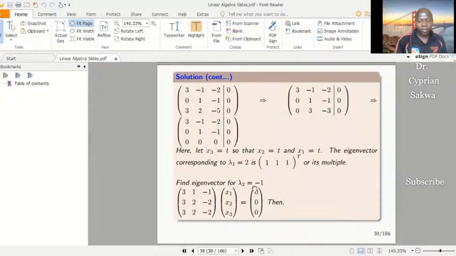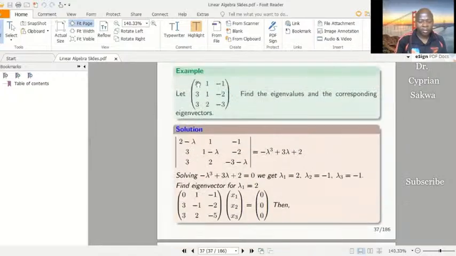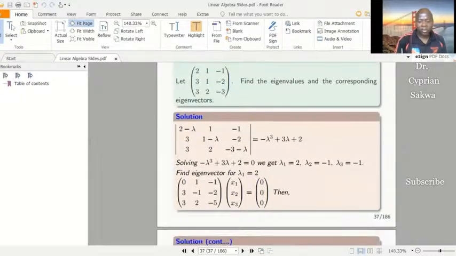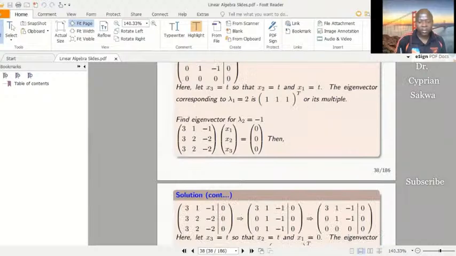Now for lambda 2 and lambda 3, from the leading diagonal, it's the same as adding 1, so we subtract negative 1 from the diagonal, giving this matrix here. Multiply by x equal to 0 and use Gaussian elimination with x1, x2, and x3.